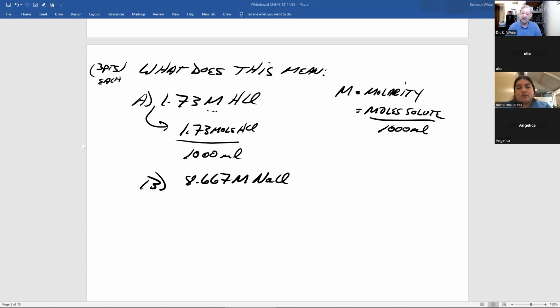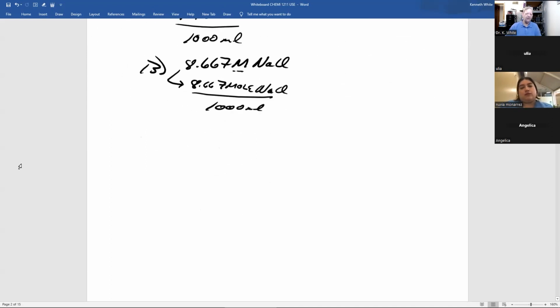Let's see if you're right. Capital M means molarity, moles of solute per 1,000 milliliters. And what does this mean? 8.667 moles sodium chloride, NaCl, per 1,000 milliliters. Oh, let's do one more.